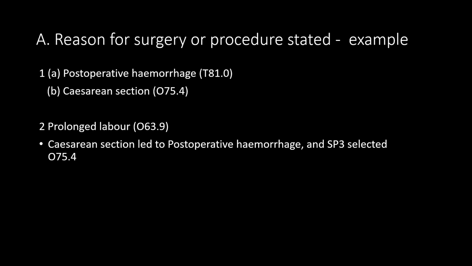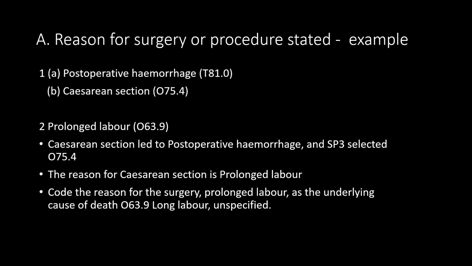The reason for cesarean section is mentioned in the certificate, and it is prolonged labor. Therefore, code the prolonged labor as the underlying cause of death. Therefore, the underlying cause of death is O63.9, long labor unspecified, which is the reason for surgery.